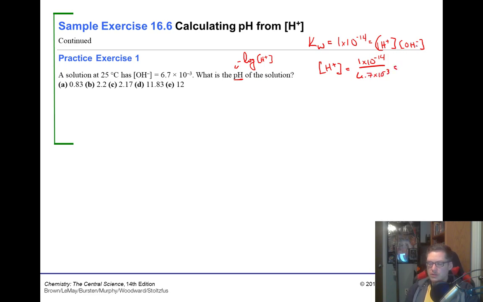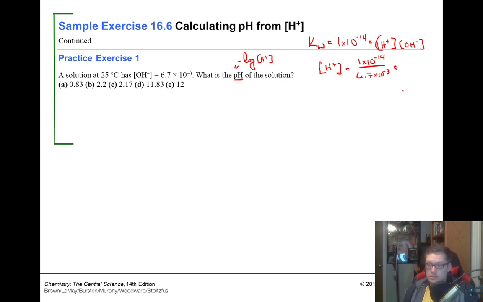Now, we know 6.7 times 10 to the minus third is our hydroxide ion concentration, which should tell us that it's going to be basic. So we should get a pH higher than 7 when everything's said and done if we do it all correctly. So 1 times 10 to the minus 14th divided by 6.7 e to the negative third.